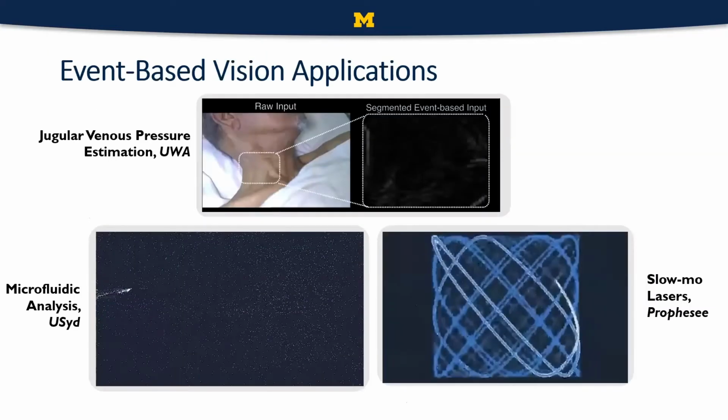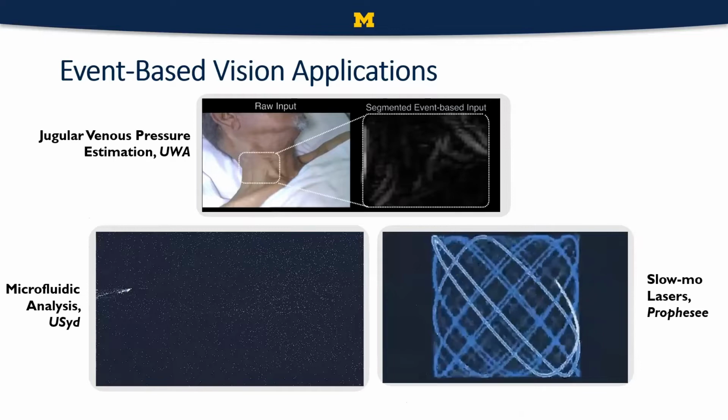But just to check out what it actually looks like, one of the PhD students that I'm externally supervising at the University of Western Australia used this camera to record what's called the jugular venous pressure, with the intent of reducing heart failure or hospital readmissions due to heart failure.